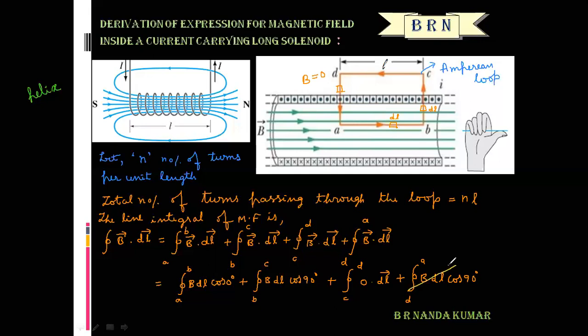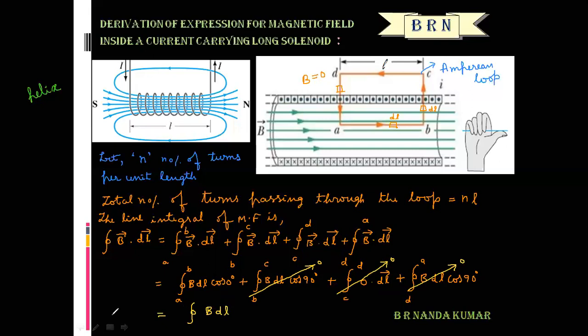Because cos 90 is 0. So this term goes to 0. This term also goes to 0, since 0 into anything is 0. So this term also goes to 0. Again, the second term also goes to 0 because cos 90 is 0. So cos 0 is 1.